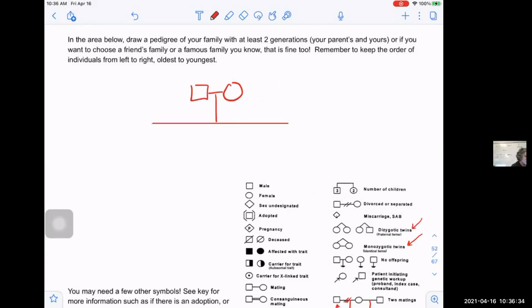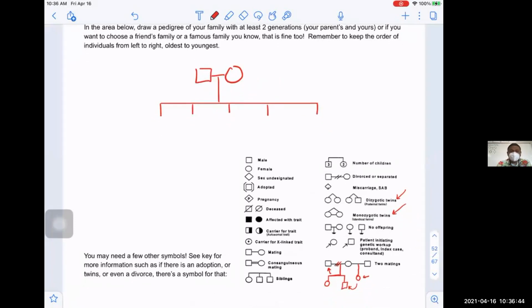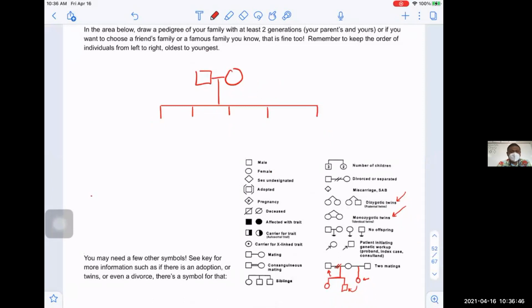Remember when we talked last quarter about that new symbol that isn't on your list, the transgender symbol? I was going to share that too. If you have a transgender person in your family, this is a transgender female. The square inside of the circle means they were born male, but they identify as female.